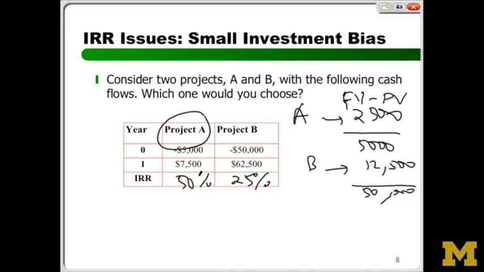It likes small things, small ideas. And the reason is, look at the denominator. IRR is a ratio. So the smaller the investment, the higher the IRR. Everything else remaining the same. So there's a built-in bias of scale. That IRR not only favors short-term over long-term, it likes small over big.